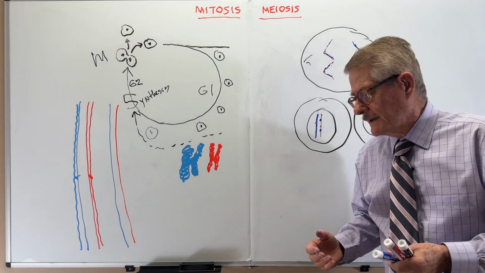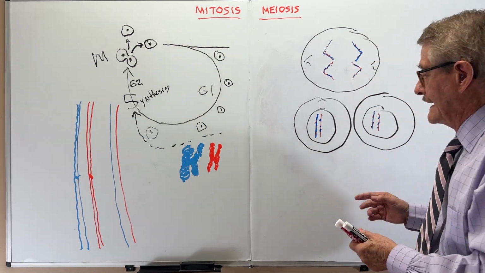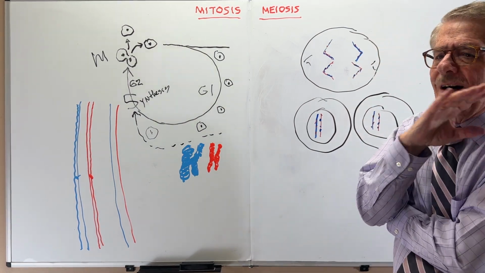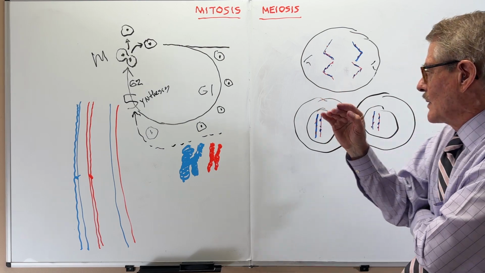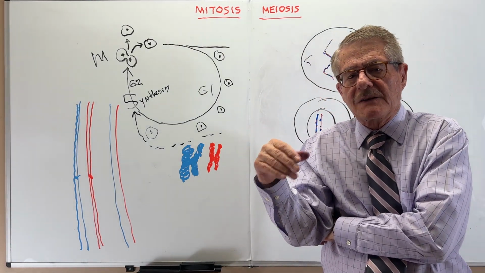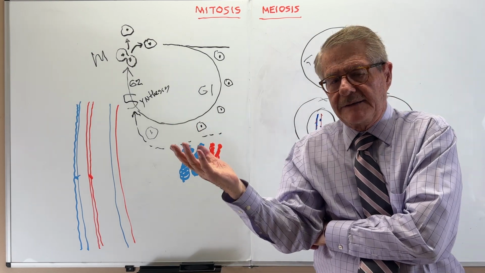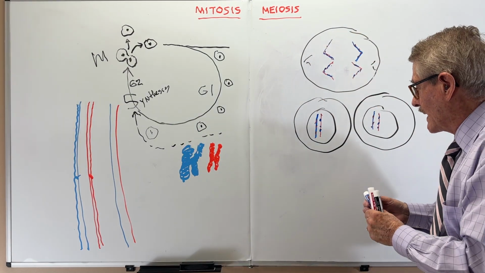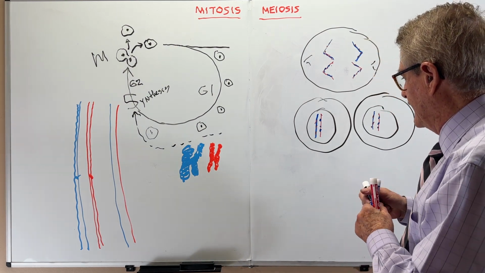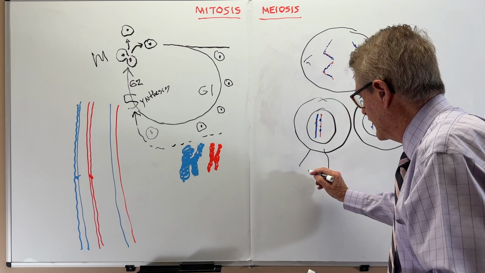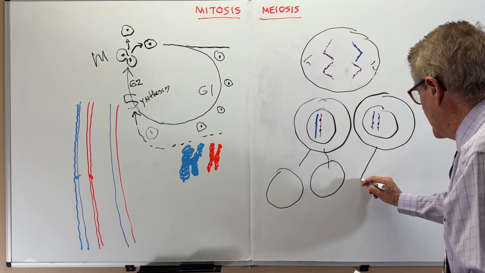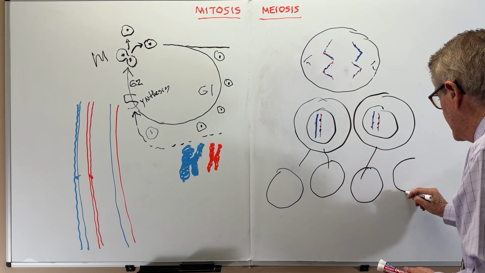The second division, these cells just undergo division without S phase. In other words, the second meiotic division is the only division that takes place without DNA synthesis. So we're going to get this situation like this. Finally, this cell is going to divide into two cells, and this one into two cells.